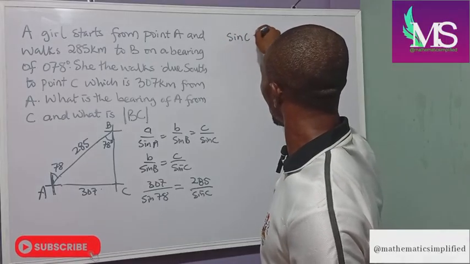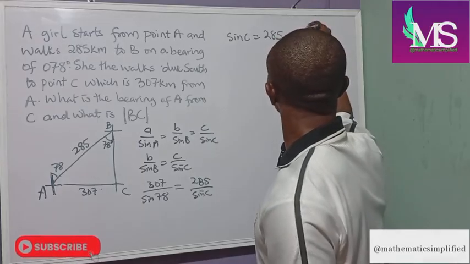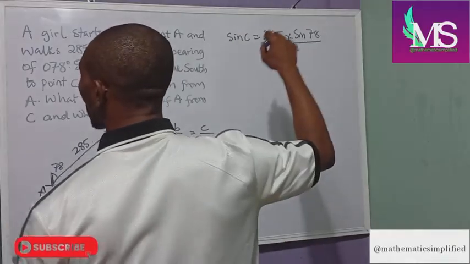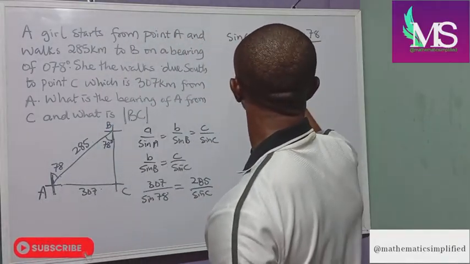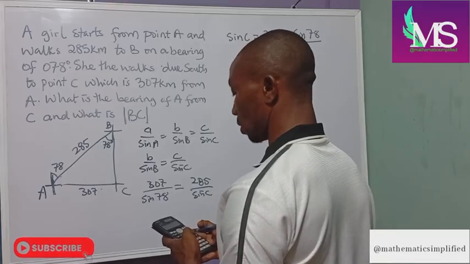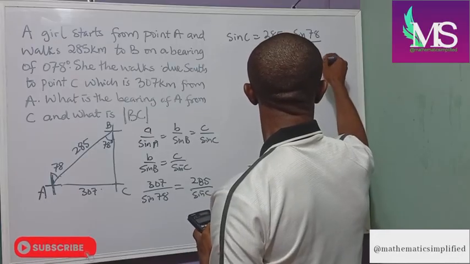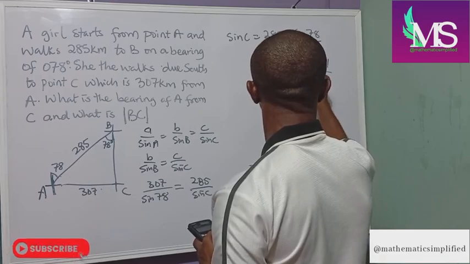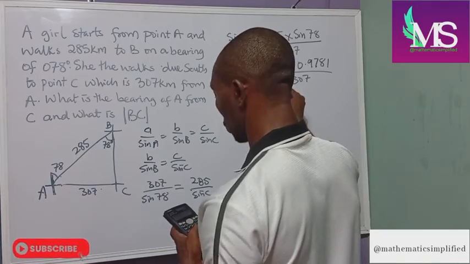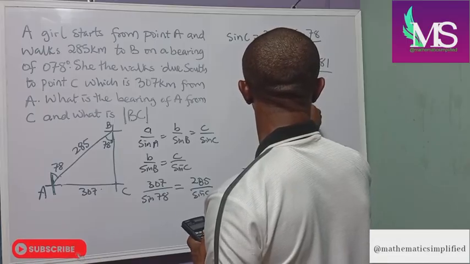Now this will give us sine C equals 285 times sine 78 all over 307. 285 times sine 78 would give us 0.97881 times 285, which will give us 278.77 all over 307.